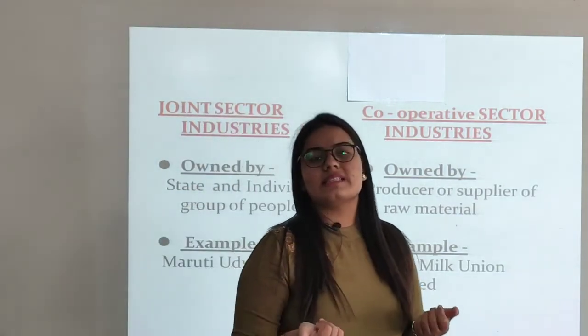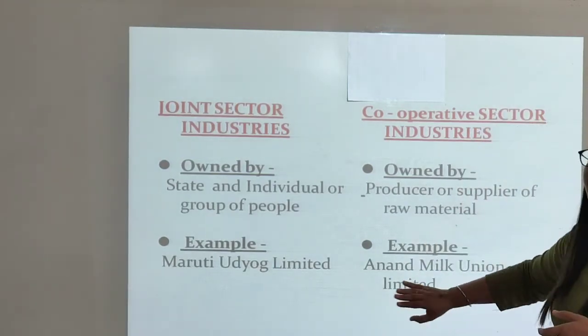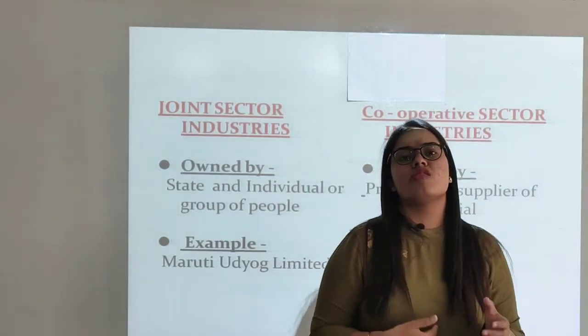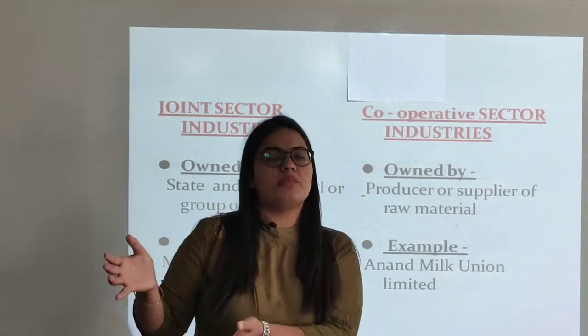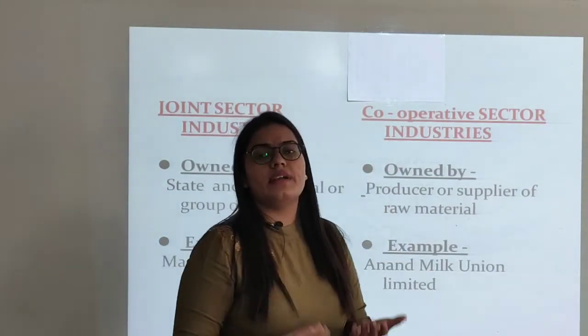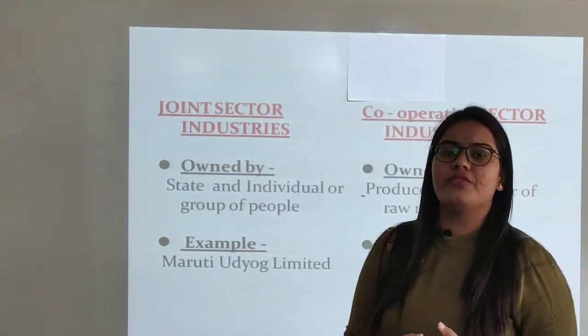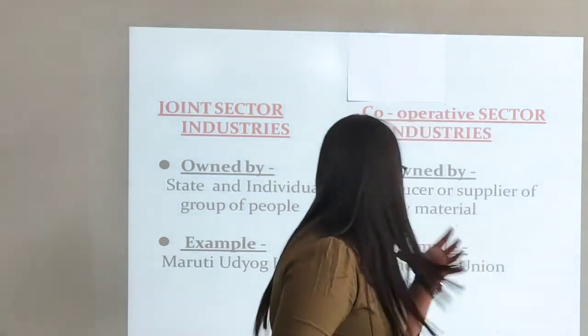One of the best examples for the cooperative sector industry is Anand Milk Union Limited. We have also known other cooperative housing societies. They are a form of company, but here it is a cooperative sector industry, meaning they in return earn economic benefit from the product they are manufacturing.